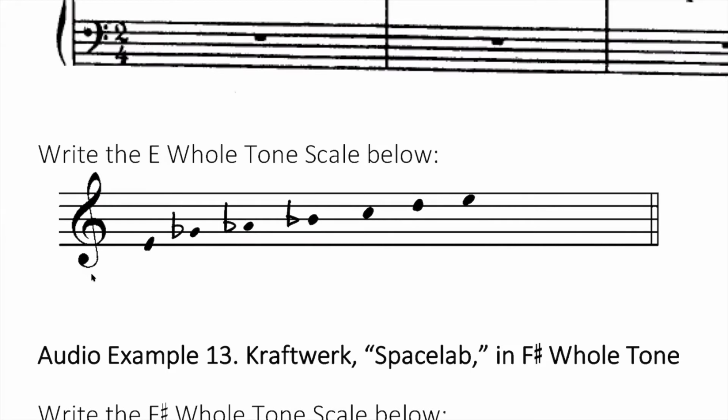Like so, with flats instead of the sharps. In general, it's probably good to choose either sharps or flats, but honestly, it doesn't make any difference to me. When you're looking at scores, however, you need to be open-minded. It could be notated either way.